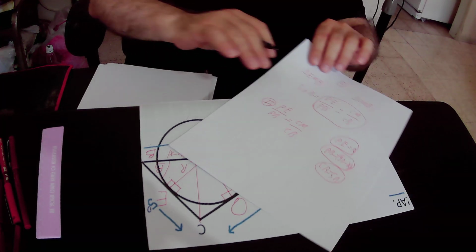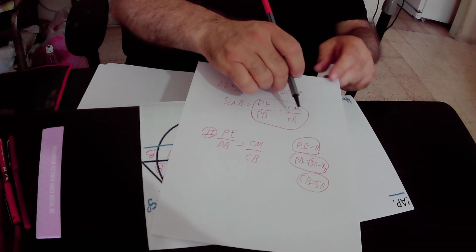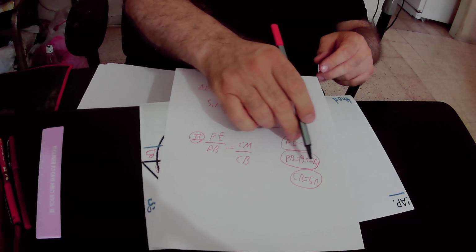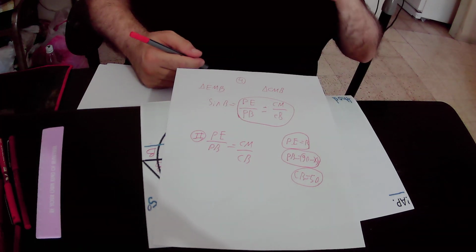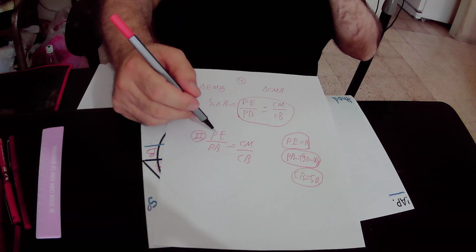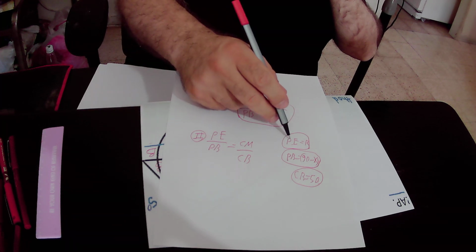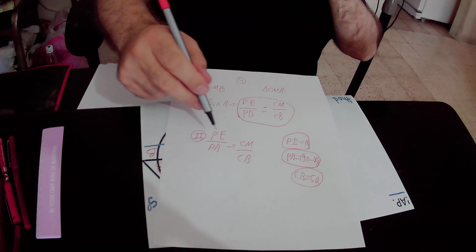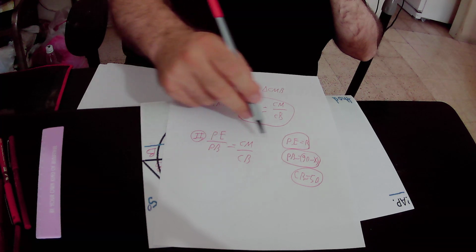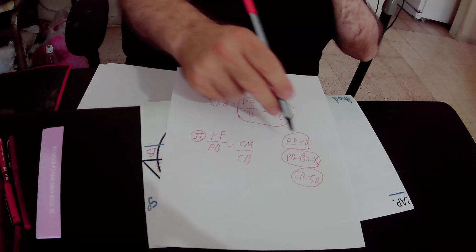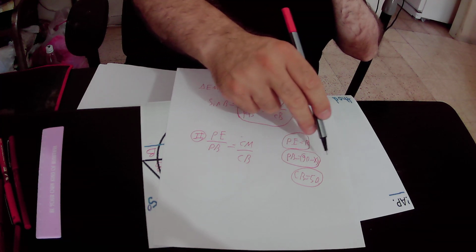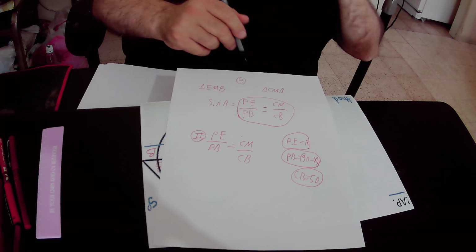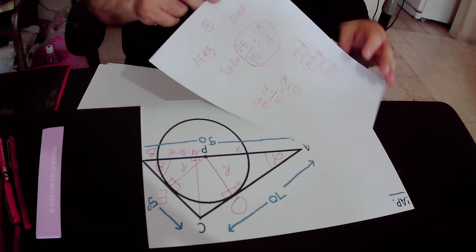So PE equals R, PB equals 90 minus x, and CB equals 50 units. Now we'll substitute PE by R, because PE equals R. We'll substitute PB by 90 minus x, because PB equals 90 minus x. And we'll substitute CB by 50, because CB equals 50 units. Okay, we'll do it now.